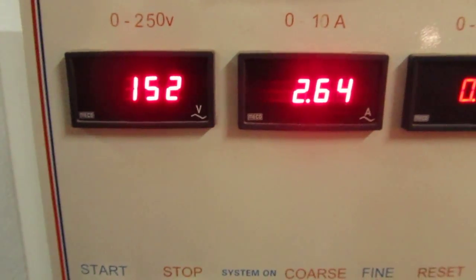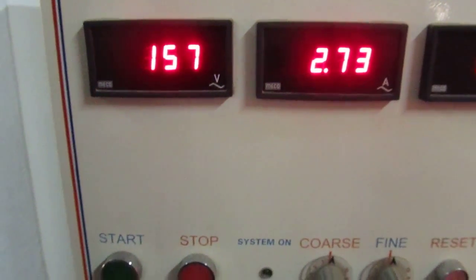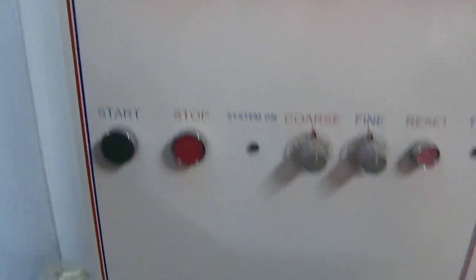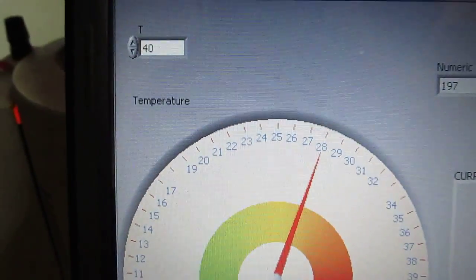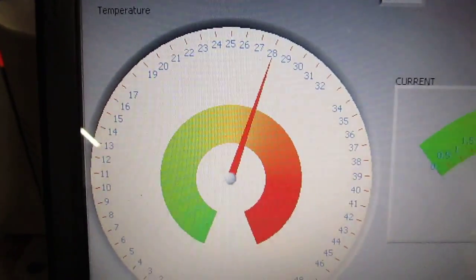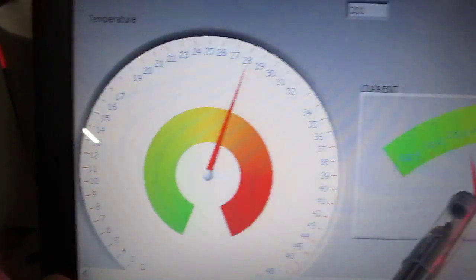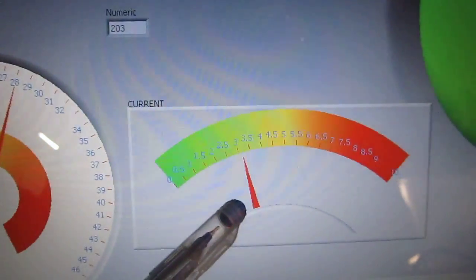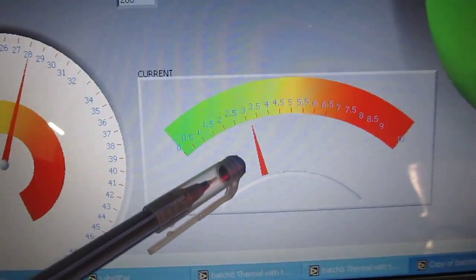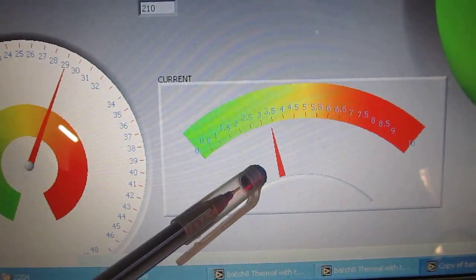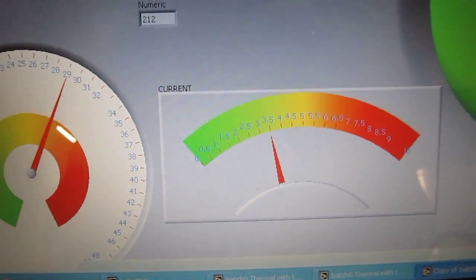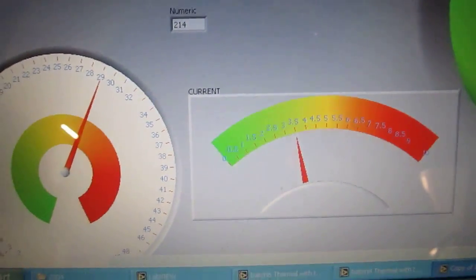I am slowly increasing the current. I set the temperature limit as 40 degrees centigrade. If the operating temperature goes beyond this 40 degrees centigrade, the machine is going to trip. It is 3.2 amperes, 3.5. Actually, this machine's rated current is up to 7.5 amperes.